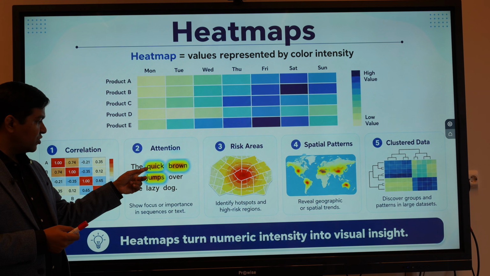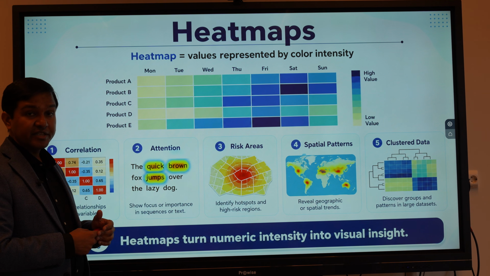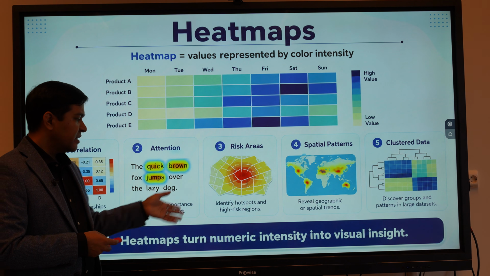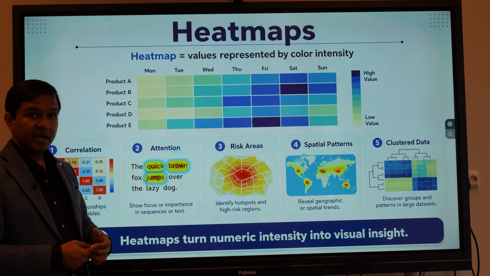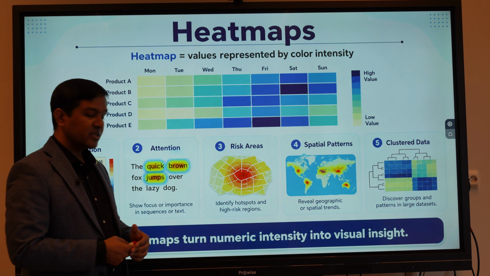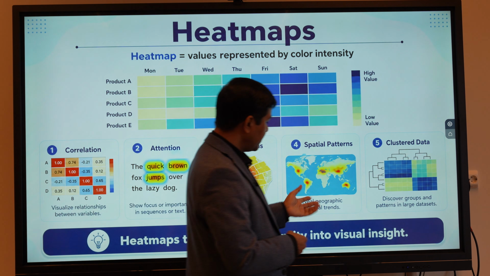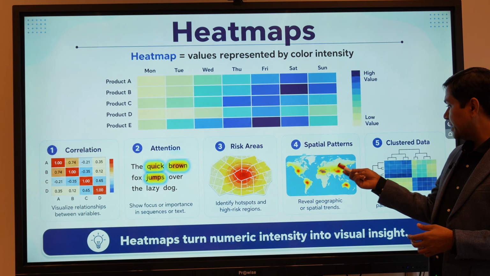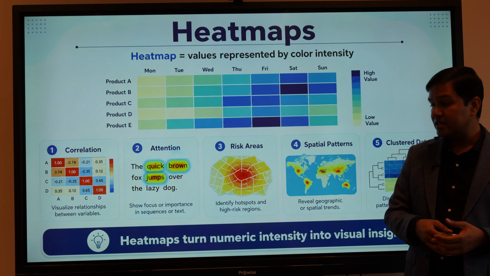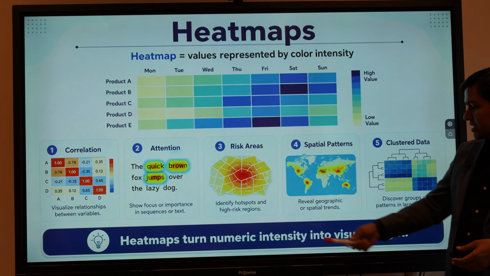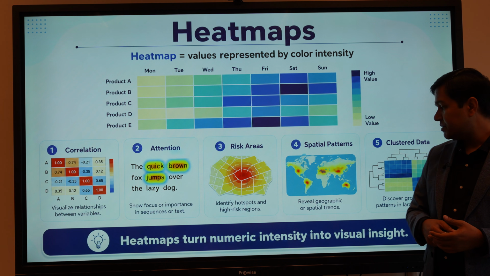If we plot a city's crime rate, we can identify the high risk regions. There are also geographical heat maps, and we can discover grouping patterns in the data. So a heat map helps convert numerical intensity data into a visual representation.